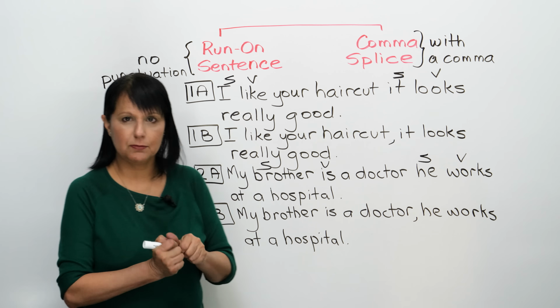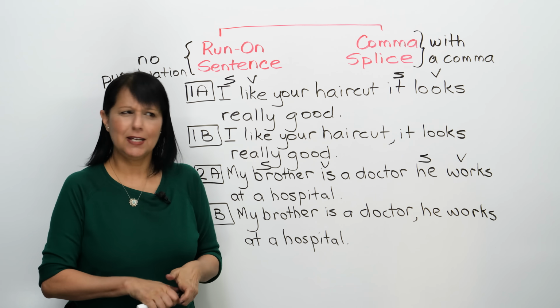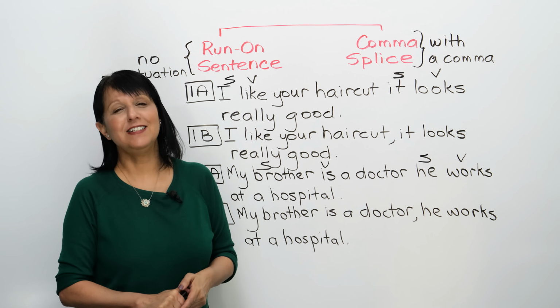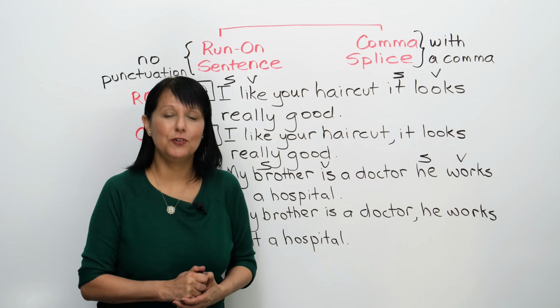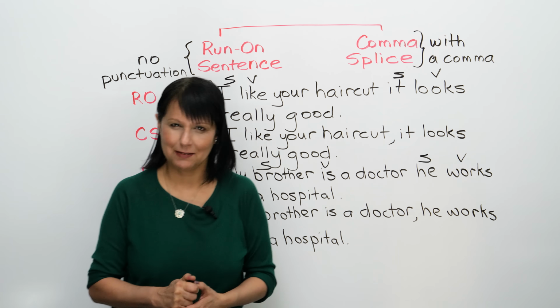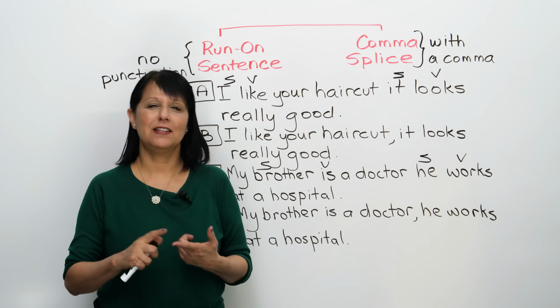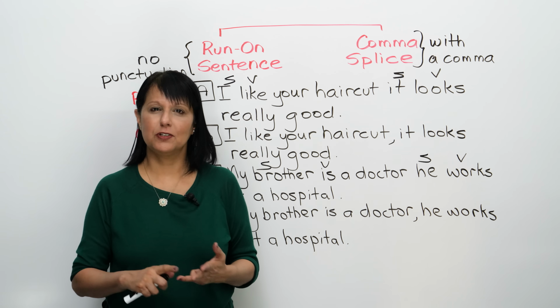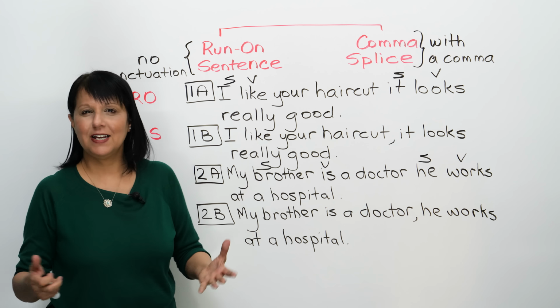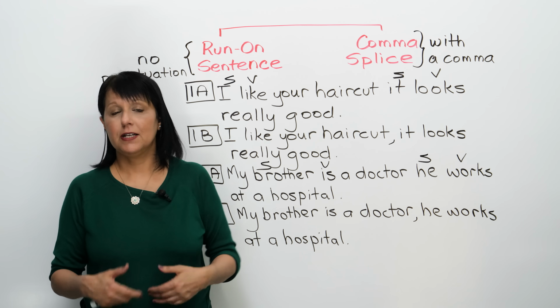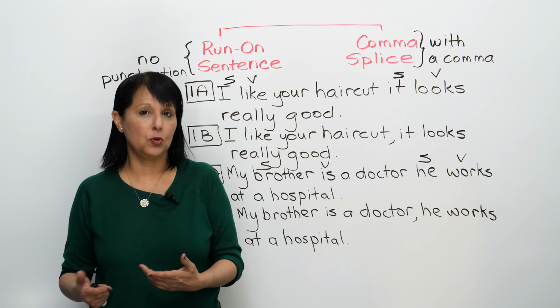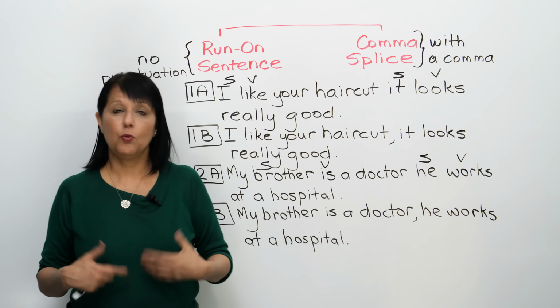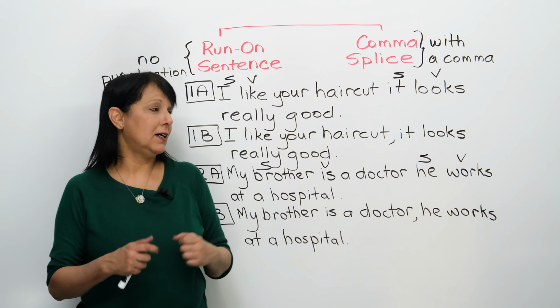Now, you're saying to me, does a comma really make all that difference? Yeah, it does. And especially if you're appearing for any kind of exam, okay? Any kind of English exam, like the IELTS or the TOEFL or the TOEIC or the PTE or anything else, or if you're submitting an assignment in school or in college or university, or if you're writing an email.